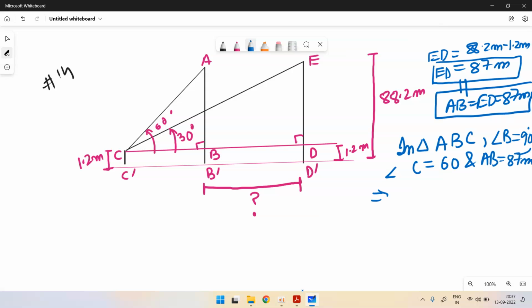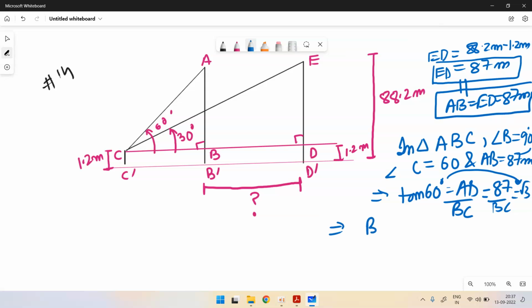Which implies that tan of 60 degrees is nothing but AB by BC, perpendicular by base. AB is 87, BC you don't know, but the value of tan 60 is root 3. So BC equals 87 by root 3 meters.